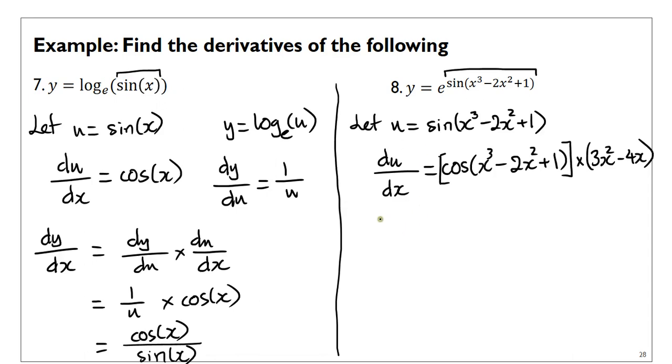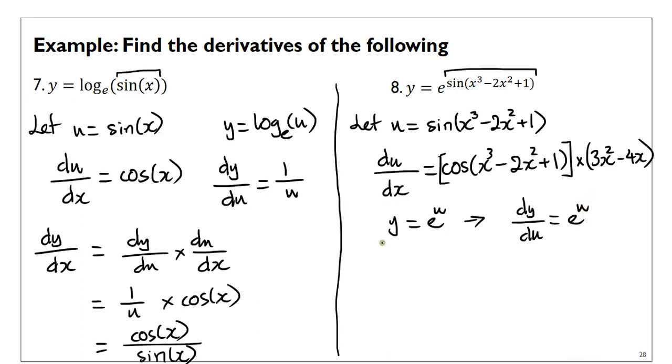Now I can also write y as e to the power of u, because u is this, which means that, I'm going to write on this side because otherwise I might not have enough space, dy/du is going to be e to the power of u, so nothing changes here.